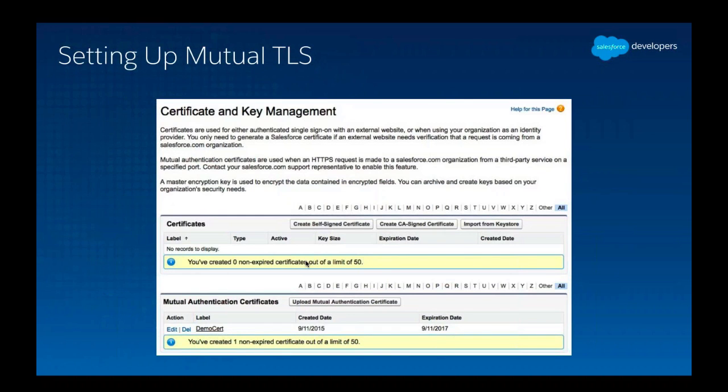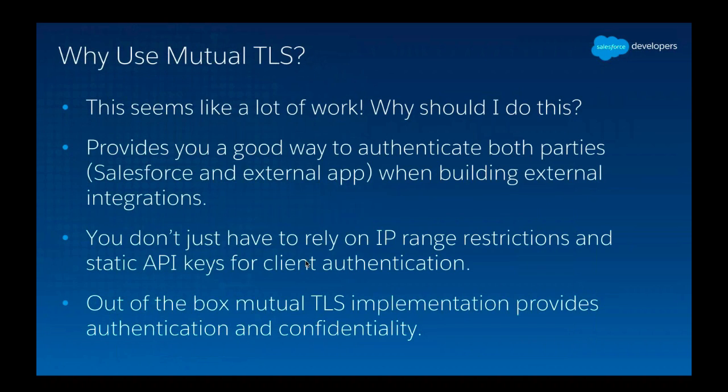As you can see, I took a screenshot of it too. You can create self-signed certificates up top, a certificate for Salesforce. You can import the Salesforce certificate from this window, and you can upload your external application services and set up the mutual TLS for communication.